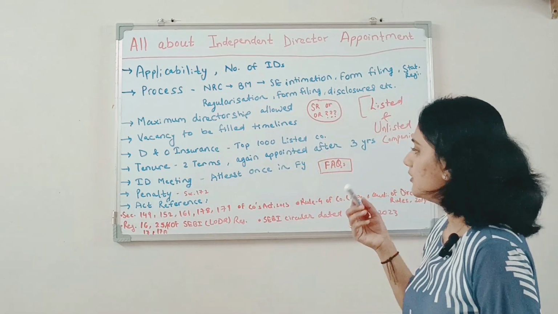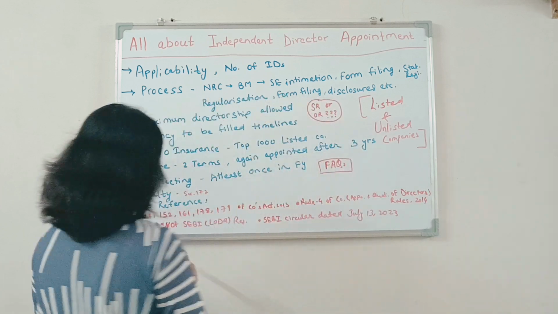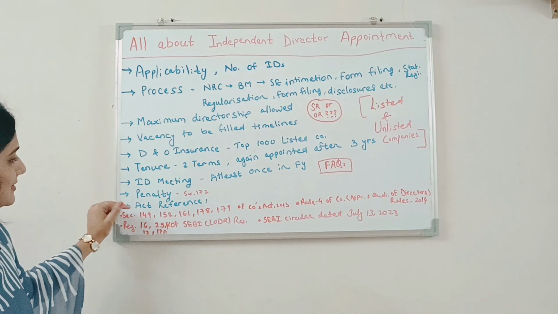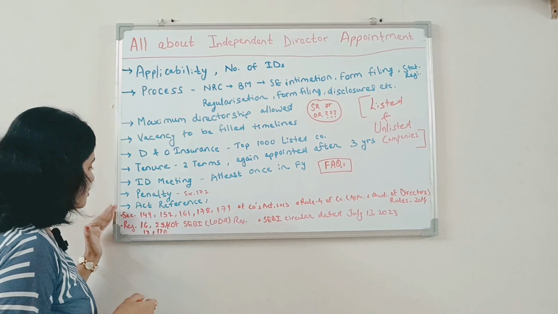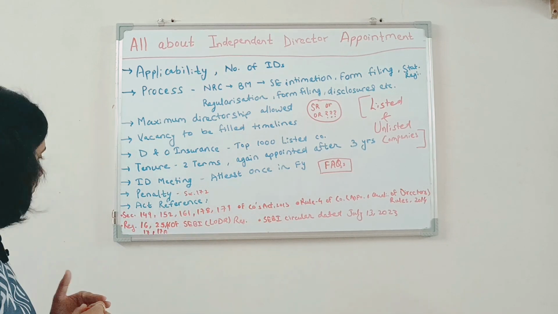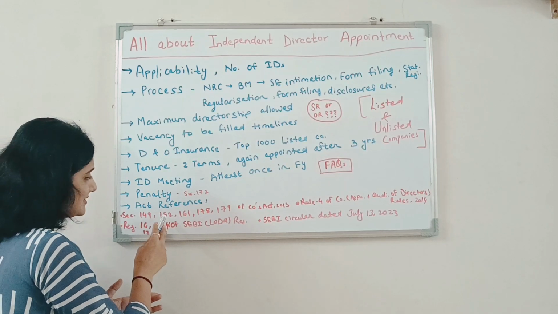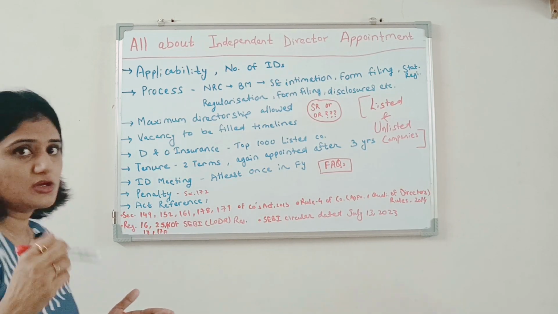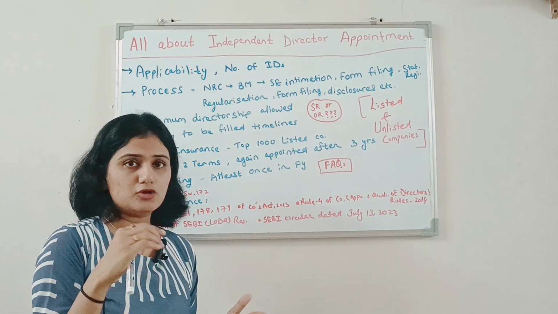Okay, coming to next, act reference. Section 149 provides that a listed company is required to appoint an independent director. This also describes the vacancy timeline, that it has to be filled within a period of 3 months. Now coming to next, section 152, this provides that a shareholders resolution is to be passed in the shareholders meeting.